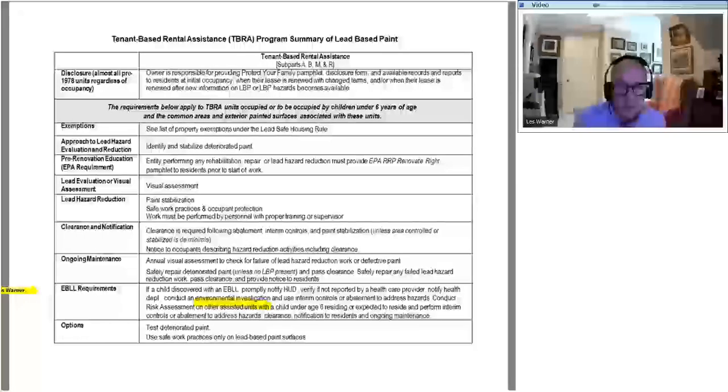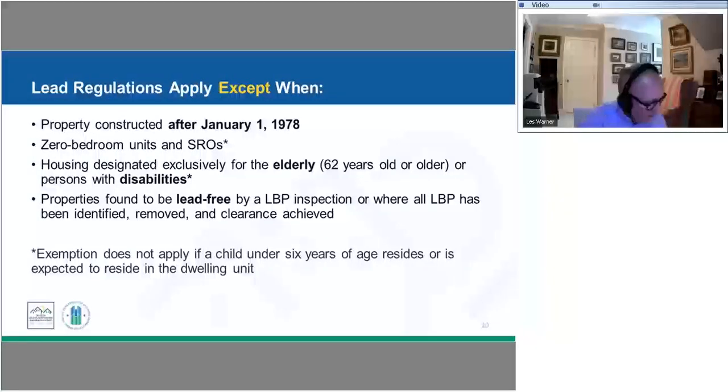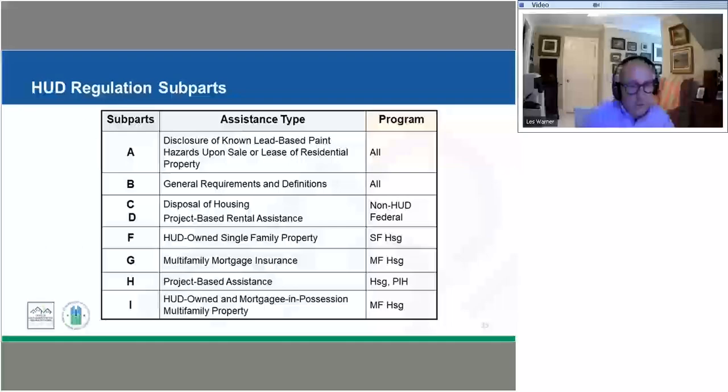There also were a number of questions on trying to figure out what rules actually apply. Let me go back to the slides and pull up a slide here. Chris walked us through the legislative housing rule regulations and the fact that some sections apply across the board, such as the disclosure and general requirements, but then depending on the activity you are undertaking, there would be specific subparts that would apply and lay out the specific requirements.